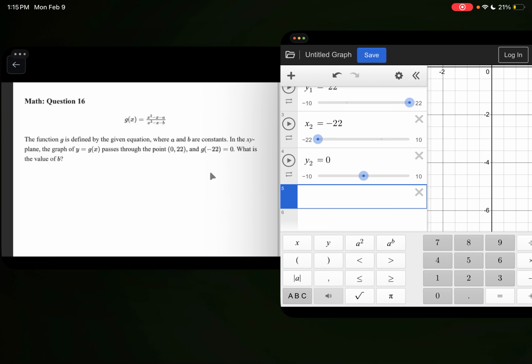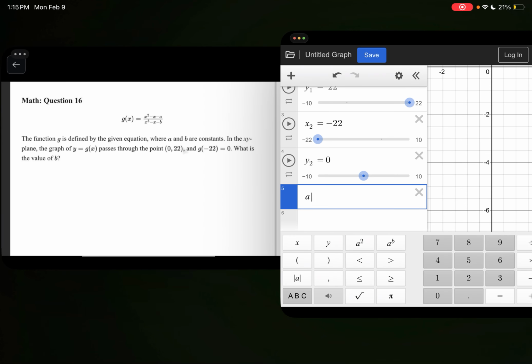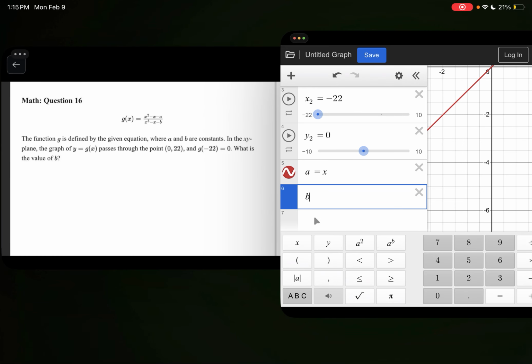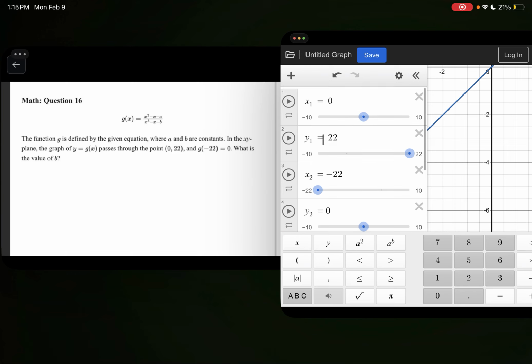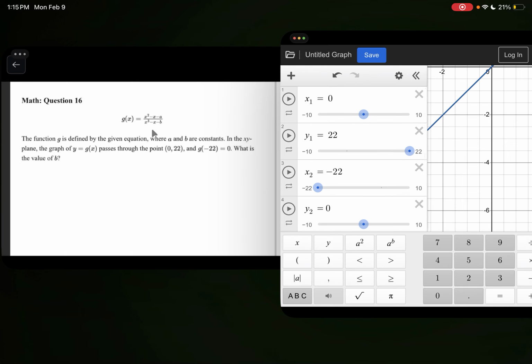What I like doing here is saying a is equal to x, and b is equal to y, like a system of equations. So what we can do here is just plug these values into this equation. So we do 2 different equations.